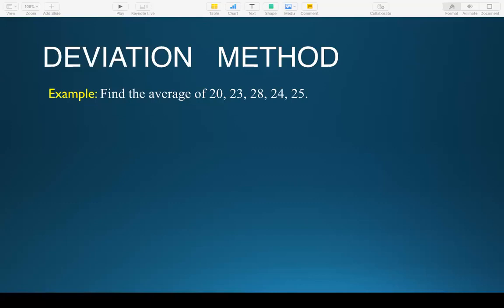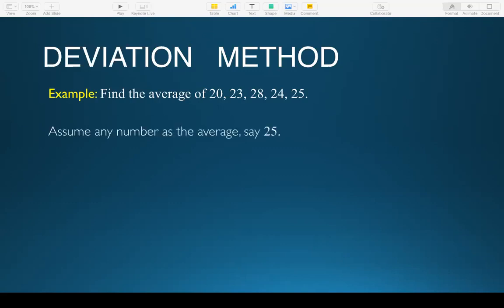So please keep in mind that when you use the deviation method, if the numbers are very close to each other, it will be very helpful for you, else it will be time consuming. So what does this deviation method say?